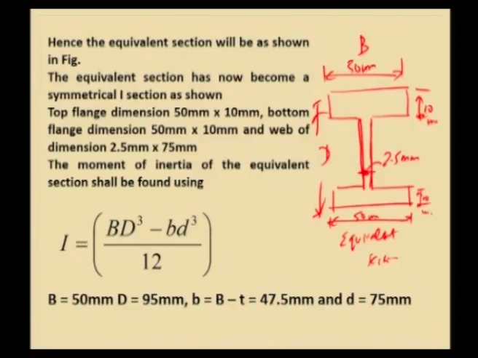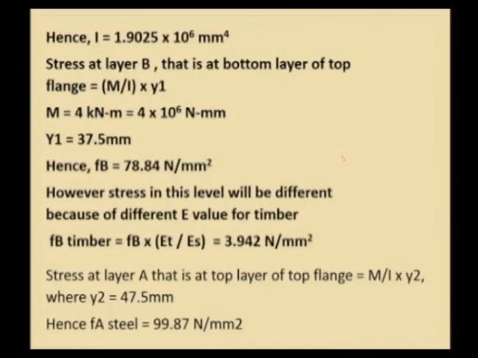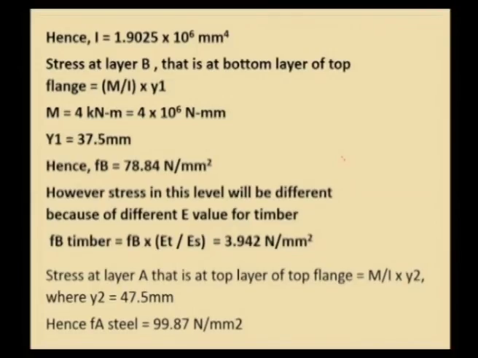Therefore, small b will be 47.5 mm and small d will be the overall depth minus 2 times the thickness of the flange. So, capital B, capital D, small b, small d are known. We can compute the moment of inertia. So, the moment of inertia I is equal to 1.9025 into 10 power 6 mm to the power 4.